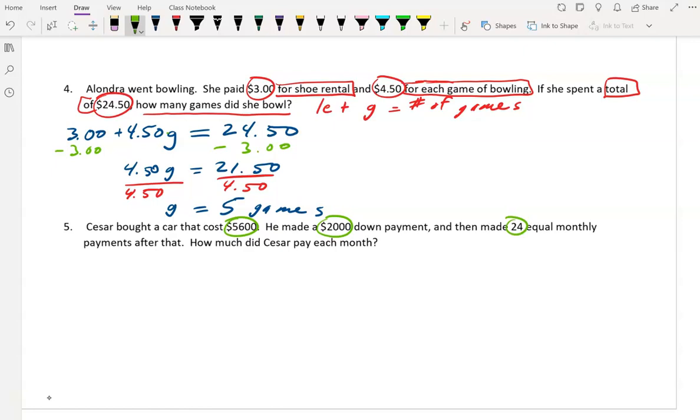Okay, what's the question? How much did Caesar pay each month? Since we are looking to answer that question, I am going to let M equal the amount paid each month.